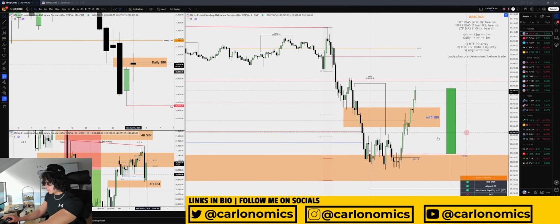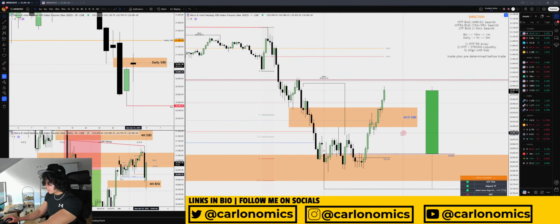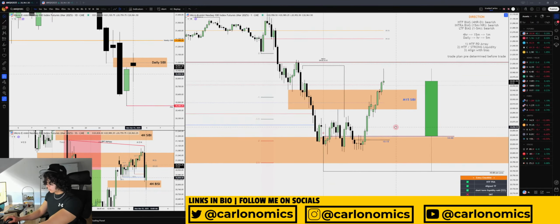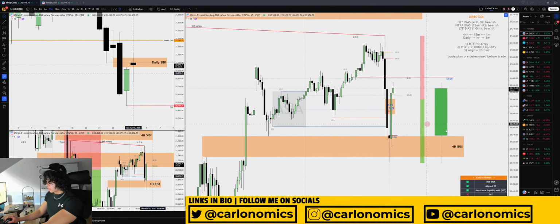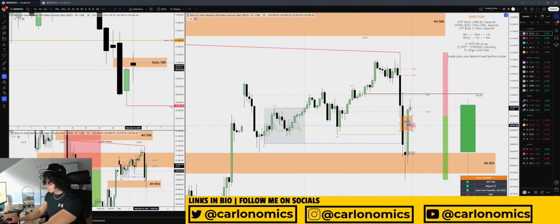This is why I love using time frame alignment, because it tells you when PD arrays are likely to be disrespected and when they're likely to be respected. I'm gonna mark out this 15-minute gap above as well.